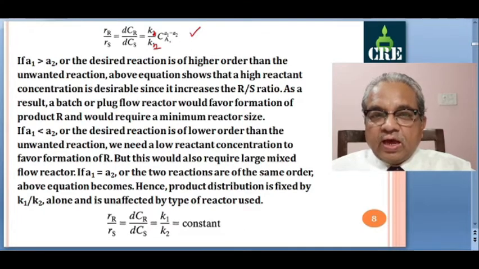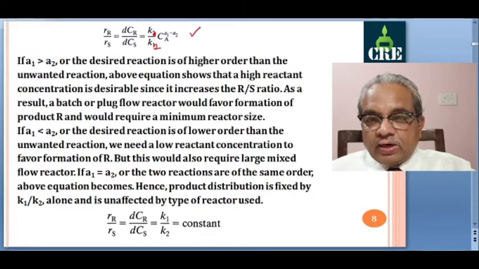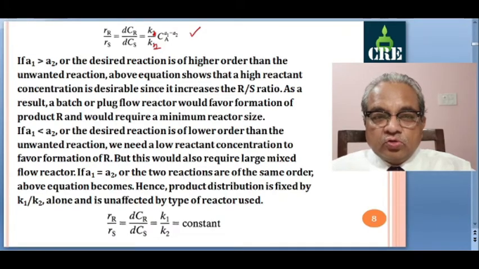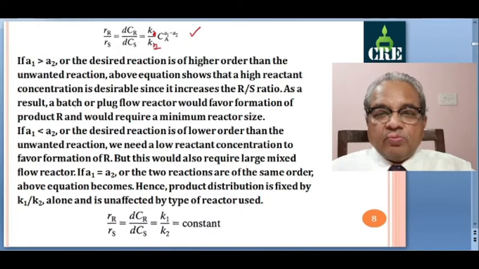So if you maintain Ca high and this exponent is positive, this will maintain a high ratio, that means high Cr. We want to maintain the dCr/dCs ratio high, and that will happen at high reactant concentration. So with reference to the previous discussion, a batch or plug flow reactor would favor the formation of maximum product R and would require the minimum size.